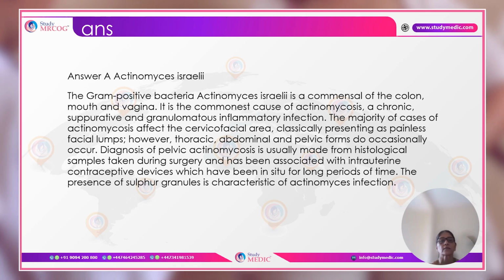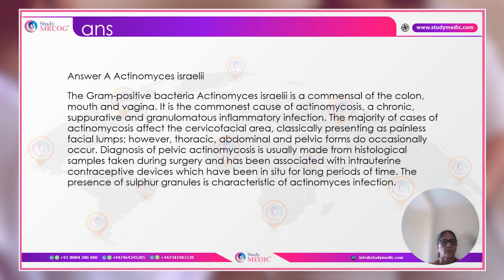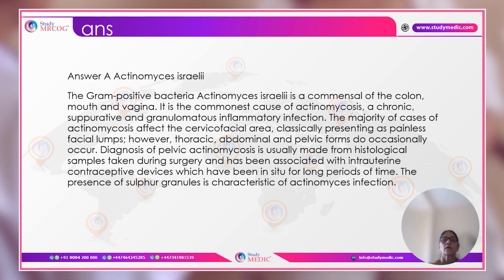Classically they present as painless facial lumps, but sometimes you can get infection in the thoracic, abdominal or pelvic cavity, and diagnosis is usually made from histological samples taken at surgery. The presence of sulfur granules is very characteristic of Actinomyces infection.